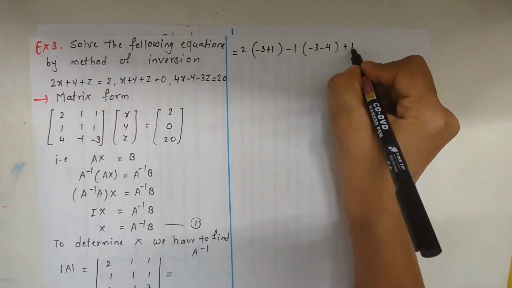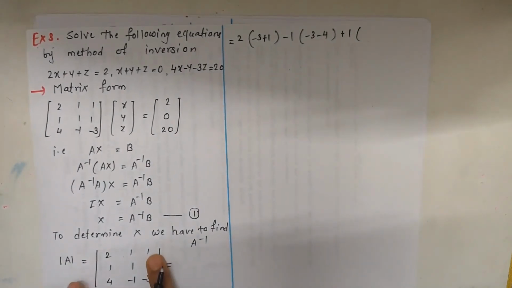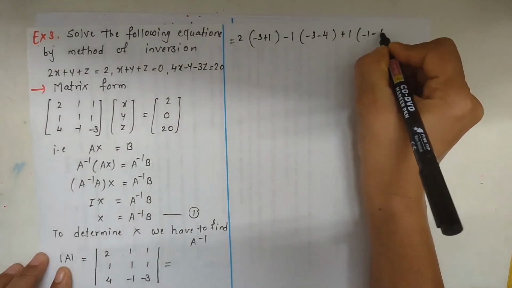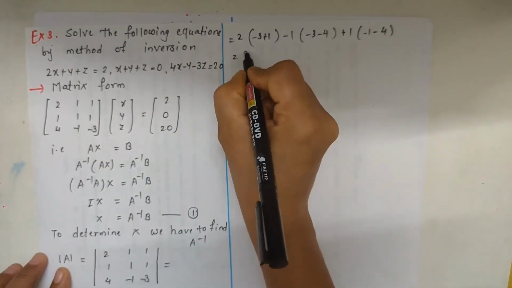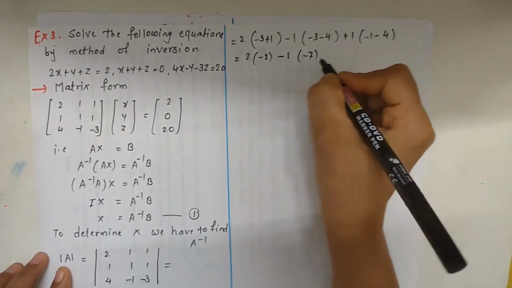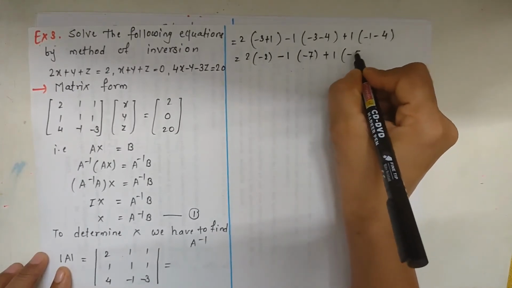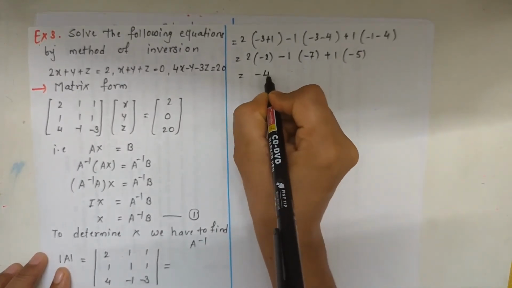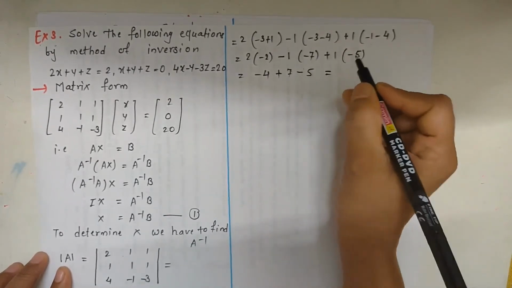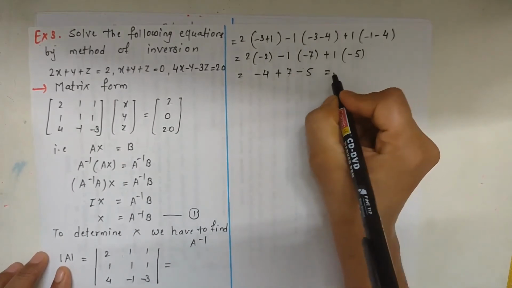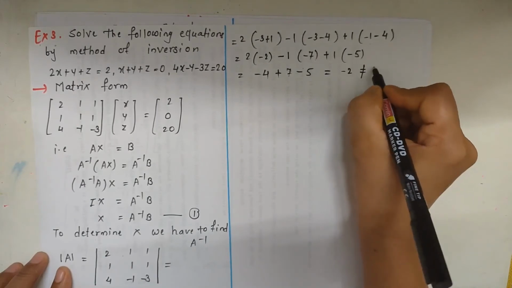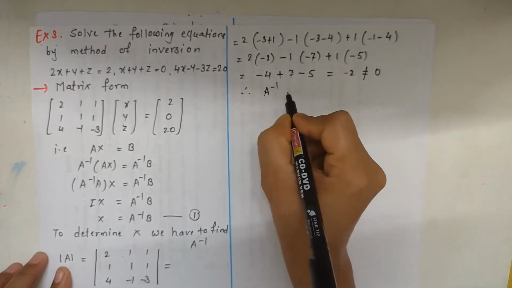Now the third element, plus 1, eliminating that row and column, minus 1, minus 4. Then we get 2 into minus 2, minus 1 into minus 7, plus 1 into minus 5, which is minus 4 plus 7 minus 5, equal to minus 9 plus 7, minus 2, which is not equal to 0. Therefore A inverse exists.